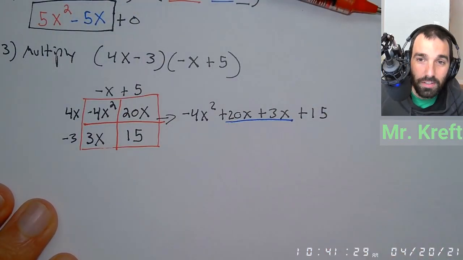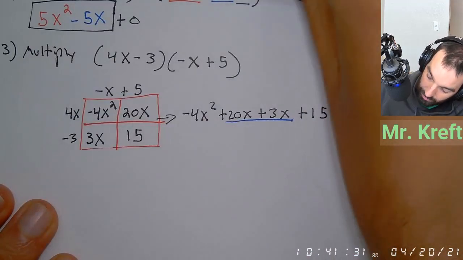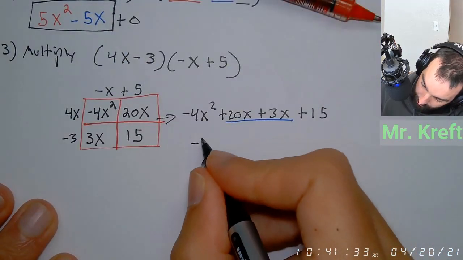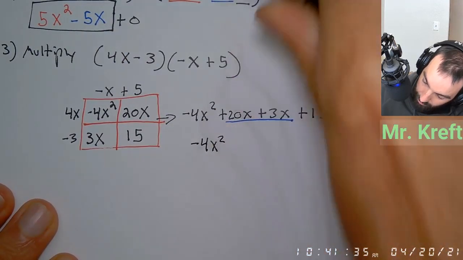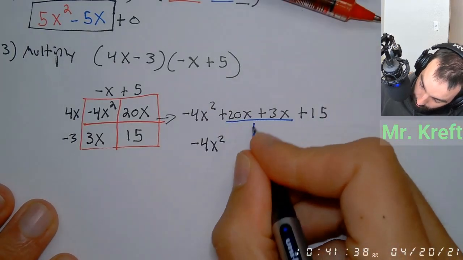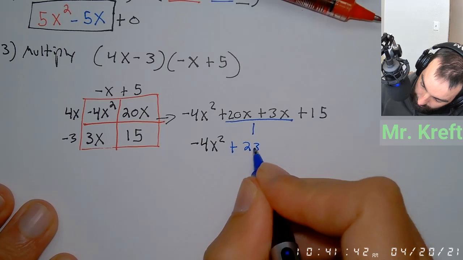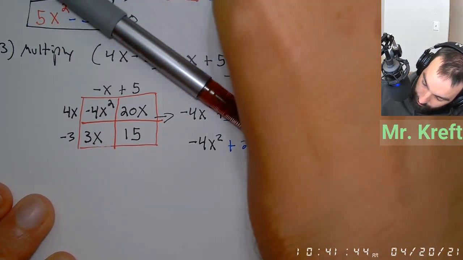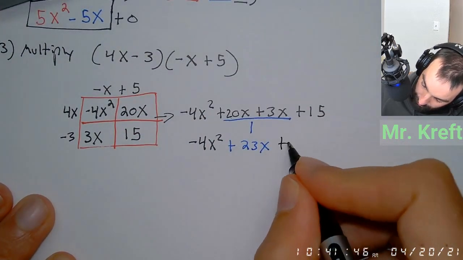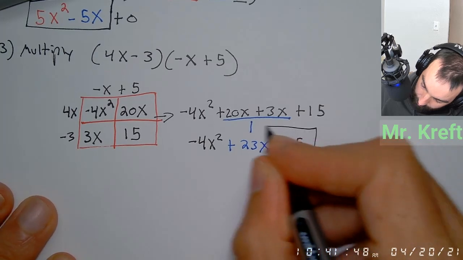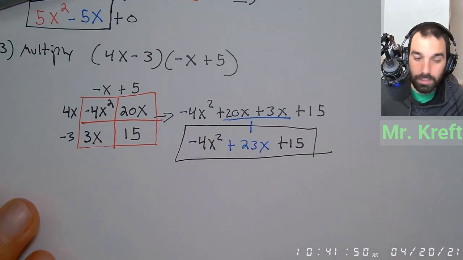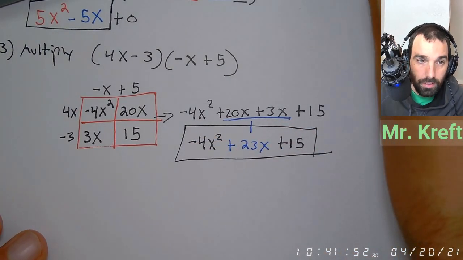Notice if you have terms that look alike, we can combine those, right? So I'm going to end up with negative 4x squared. And then I'm just going to show in blue here when I combine these: 20 plus 3 is 23x. And then I have plus 15. Okay, and there's my answer right there.